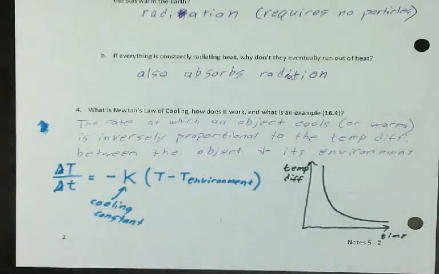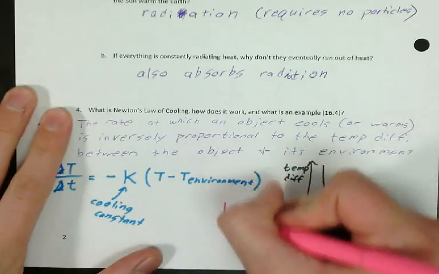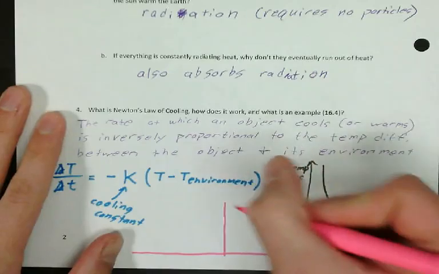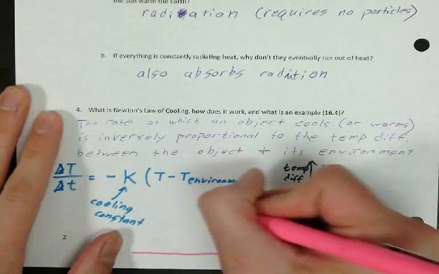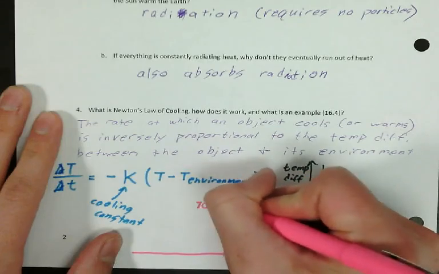Here's another good example that I'll give you as well. Coffee, okay? So you've got your coffee. Two circumstances, okay? So room temperature, let's just say, is 70 degrees Fahrenheit.